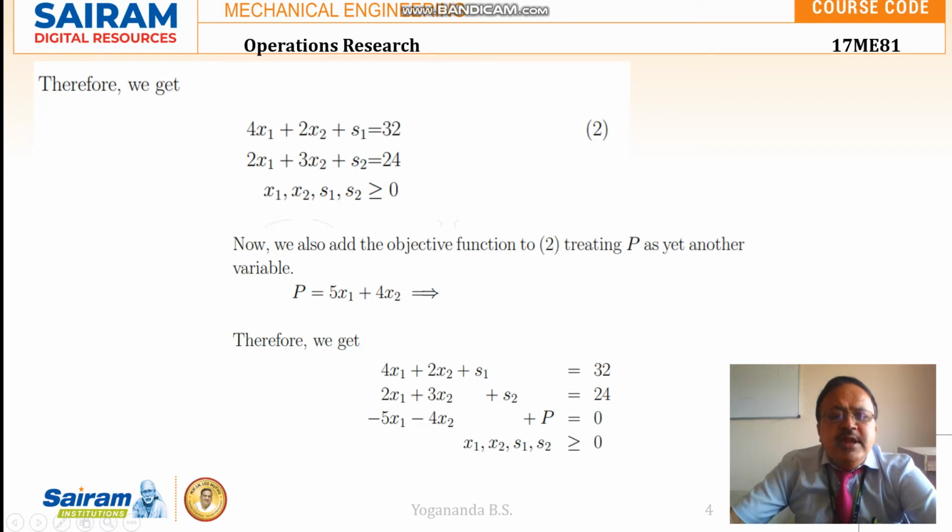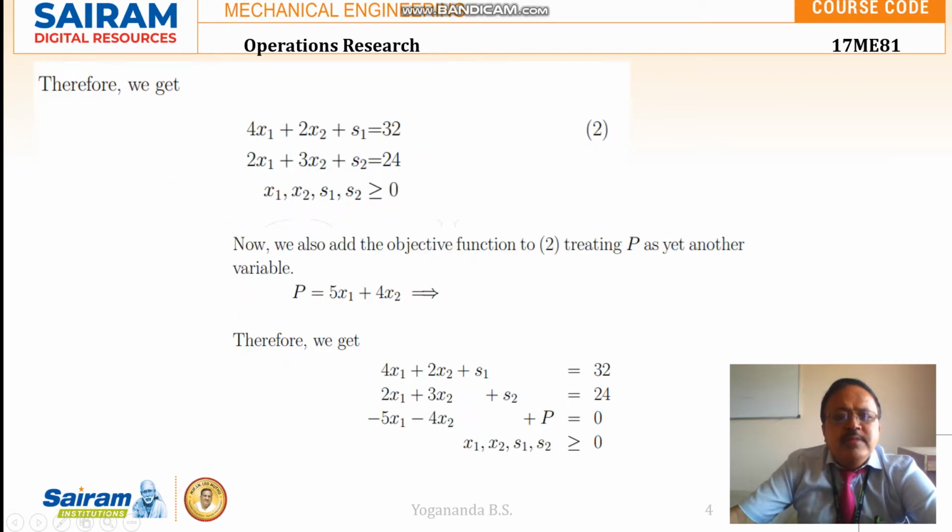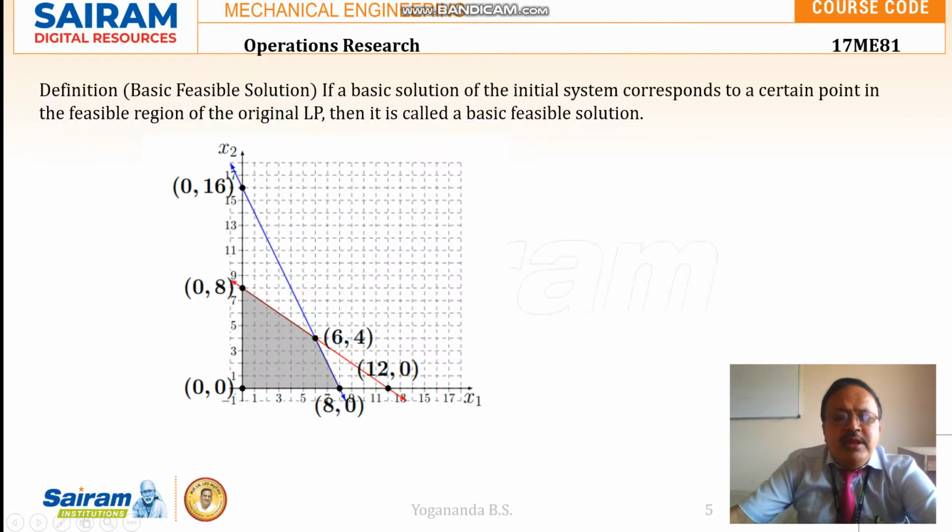Then for the next constraint, we have 2x1 plus 3x2 equals 24. If x2 is made 0, then 2x1 is 24, so x1 is 12, which is 12 on the x-axis.